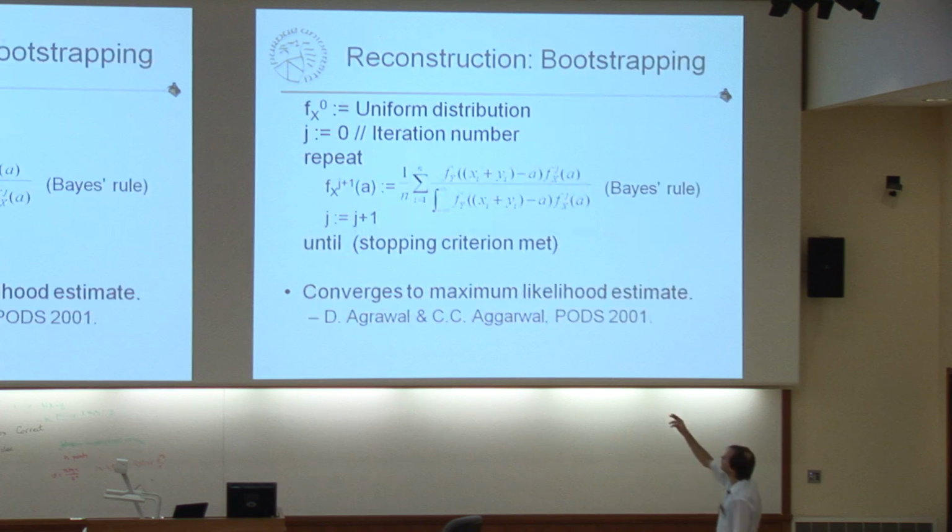Using Bayes' rule, we take the distribution of the sum at a particular point, over the integral of the distribution of the sum over all points, and that should eventually converge.